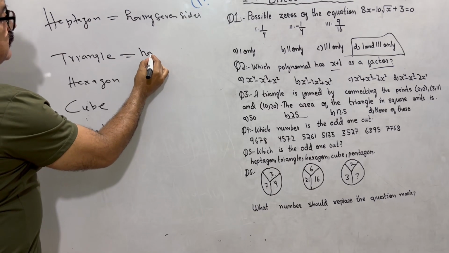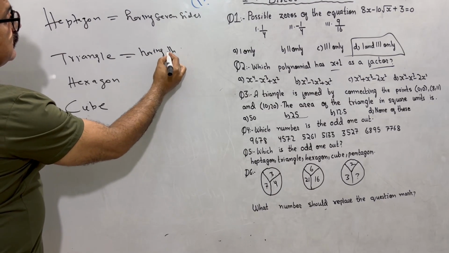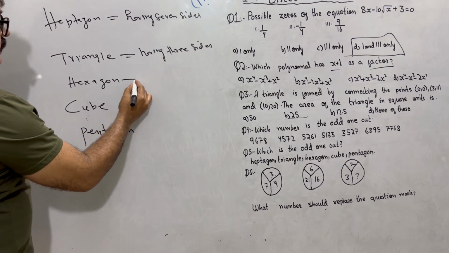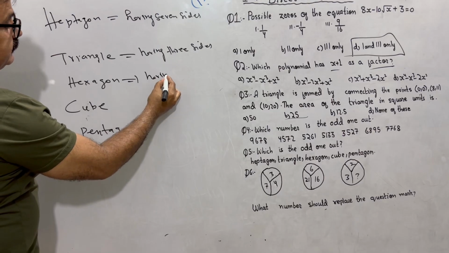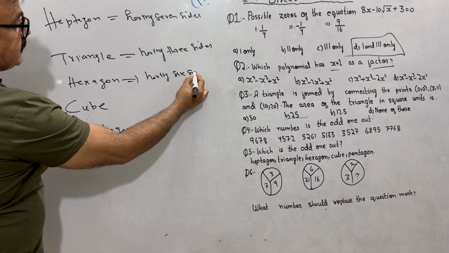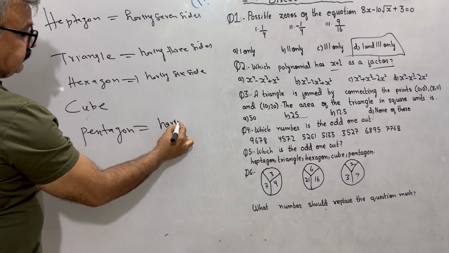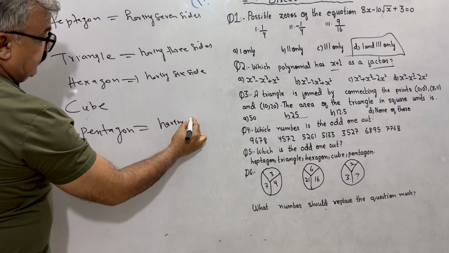Triangle, having 3 sides. Hexagon, having 6 sides. Pentagon, having 5 sides.